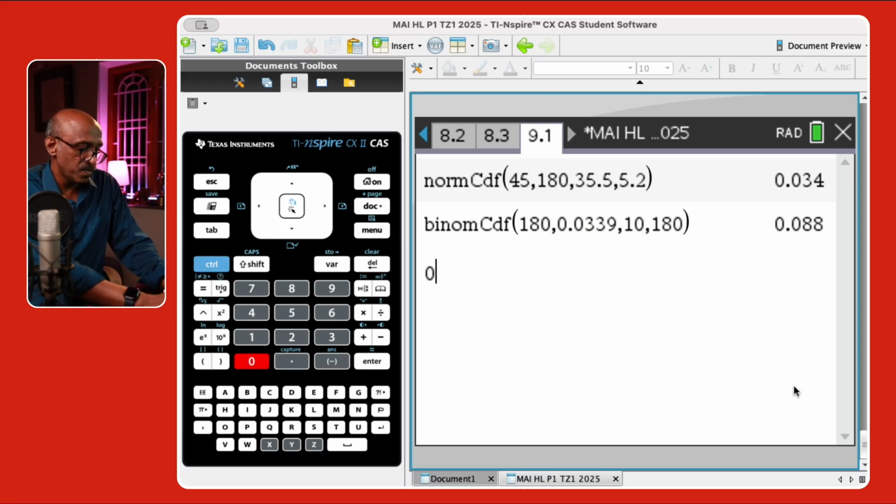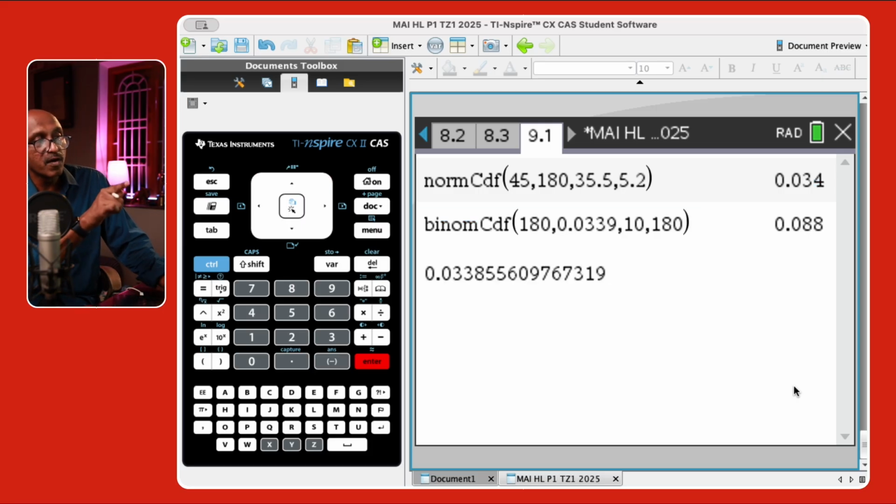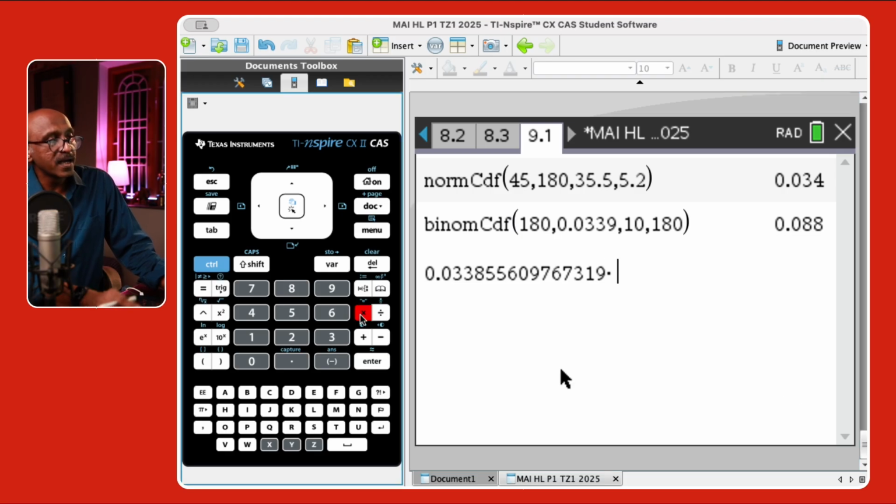I'm looking for 0.0339. Let's get a bit more accurate and get all the digits. Here you go, that's the probability of him being late on any one given day. That's the normal distribution. Then I'll multiply that by, to preserve accuracy, 1 minus 0.35.